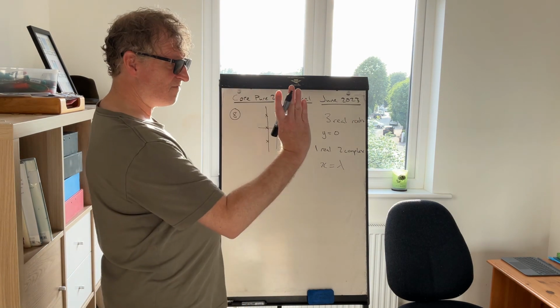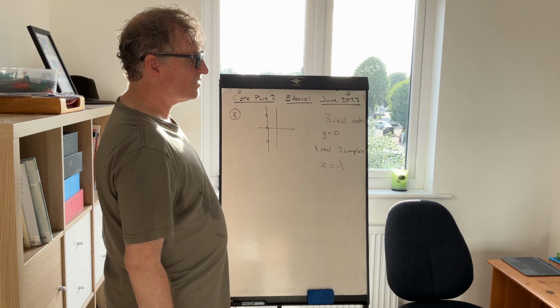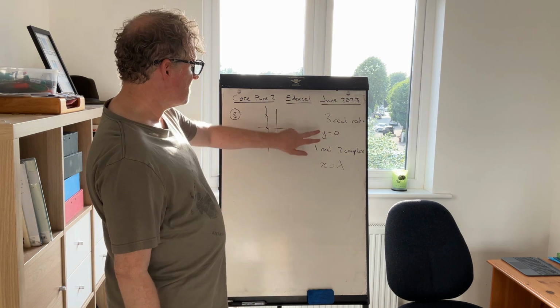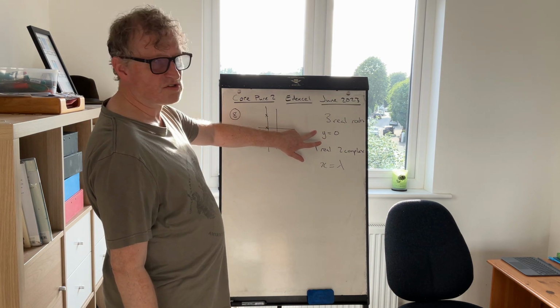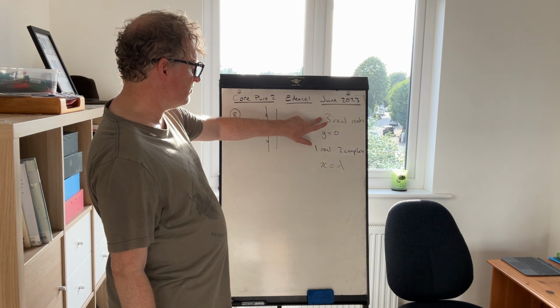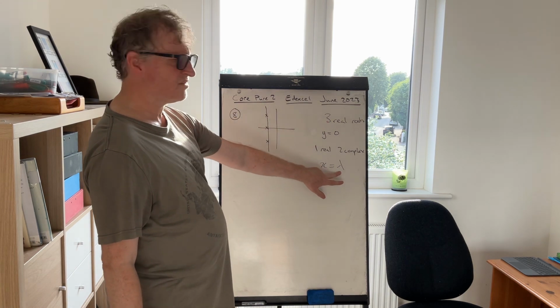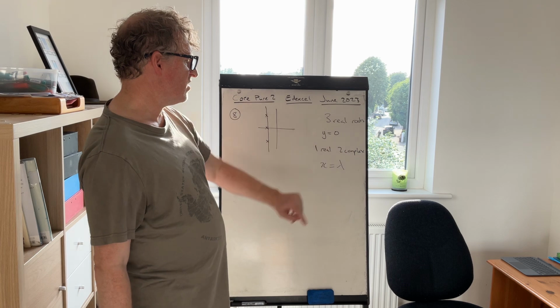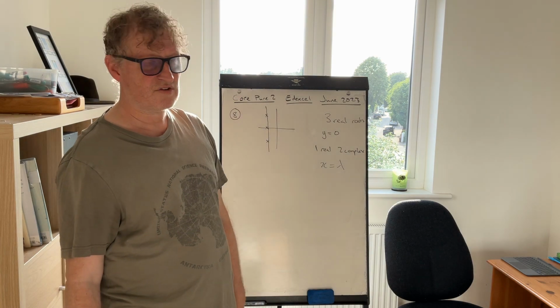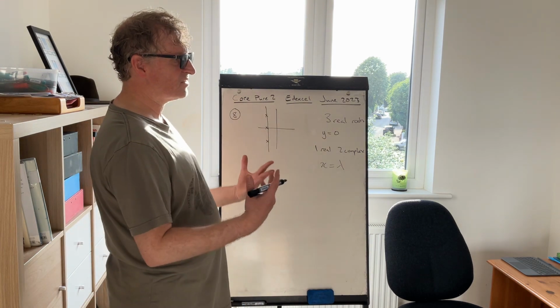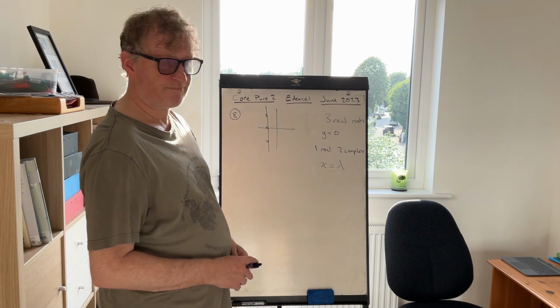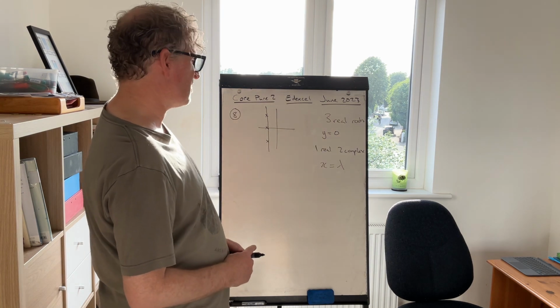So a vertical line, basically. So, describe the possible lines the roots can lie on: the x-axis, or y equals 0, if there are 3 real roots, and x equals some constant where there's 1 real and 2 complex roots are the possible lines where the roots can lie. Yeah, interesting question to start with.